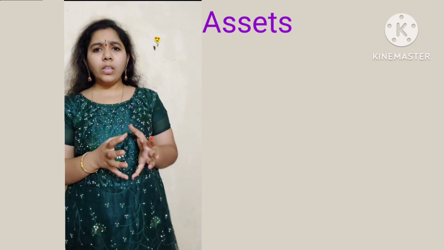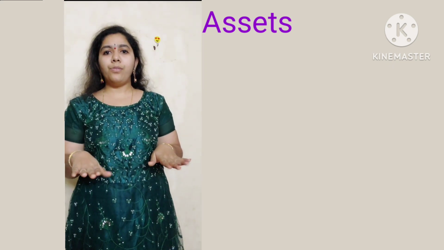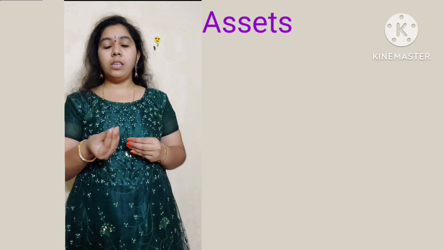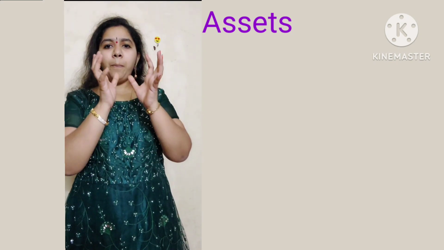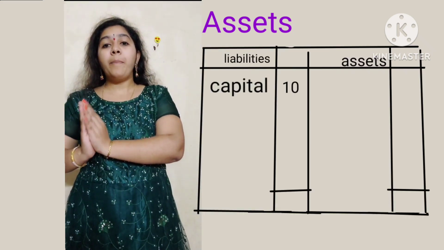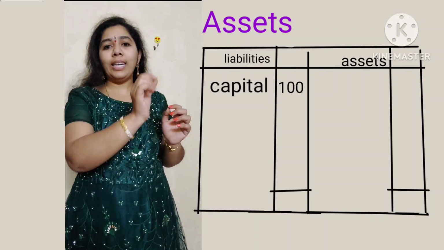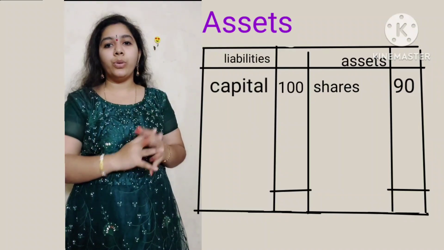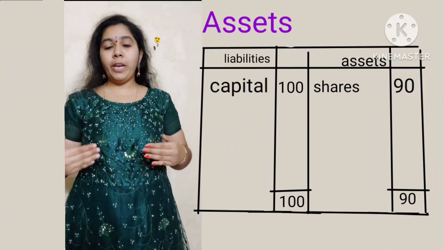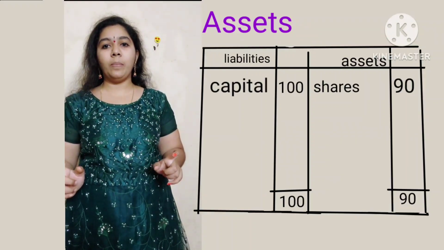So, according to the double entry system, debit and credit should be equal. We all know that. When we are selling the share, the complete 100 rupees is entered on the liability side. But on the asset side, we are showing just 90 rupees as the share value. Is the debit and credit equal? No. There will be a difference in the total.